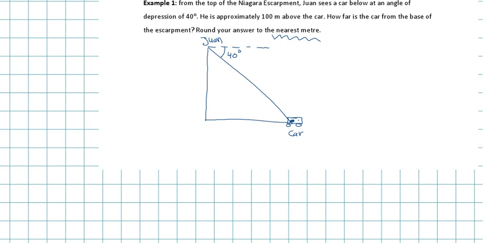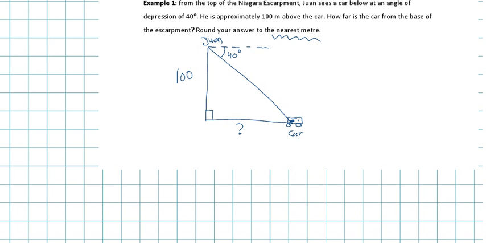And you're looking at how far the car is from the base of the tower. We know it's a right angle triangle because the tower has to be vertical to the ground. It has to be 90 degrees to the ground, otherwise it's a leaning tower, okay?